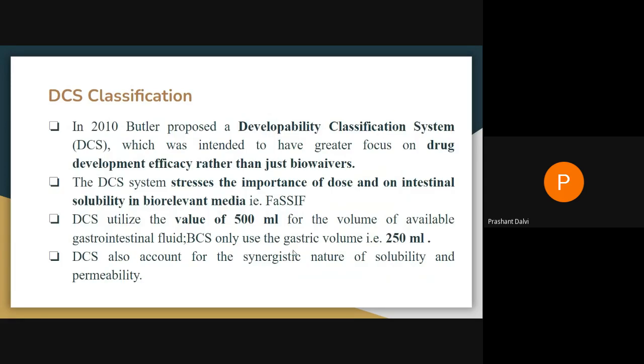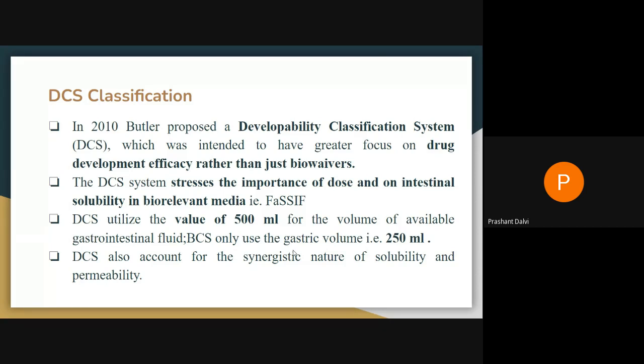Now, another classification system, which was given by the scientist Butler, is the developability classification system, DCS. This classification system mainly focuses on the importance of the dose on intestinal solubility in biorelevant media. In the DCS, scientists used a value of 500 ml as the volume of available gastrointestinal fluids.